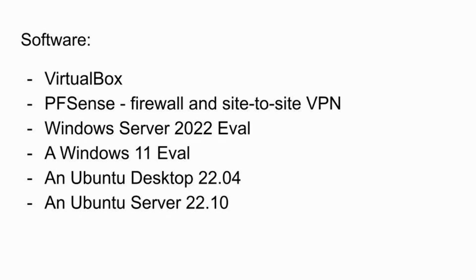For the Linux machines, I'll use Ubuntu desktop and server, on version 22. I will include all the download links in the description. So this is the background information. Let's get started with the real configuration.